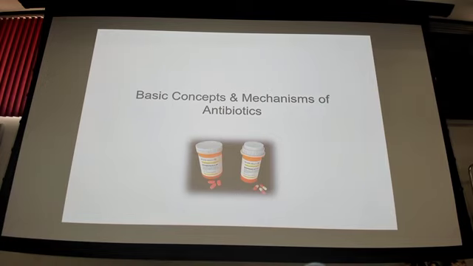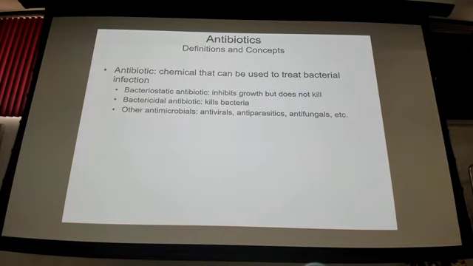So as we're talking about targets, we might as well start introducing you to how these antibiotics are working and what they're actually targeting with bacteria. Very briefly, we might touch upon some antivirals, some antifungals, and even a little bit of antiparasitics, but mostly this is antibiotic oriented. So, straight up definition: we're talking about chemicals that can be used to treat bacterial infections.